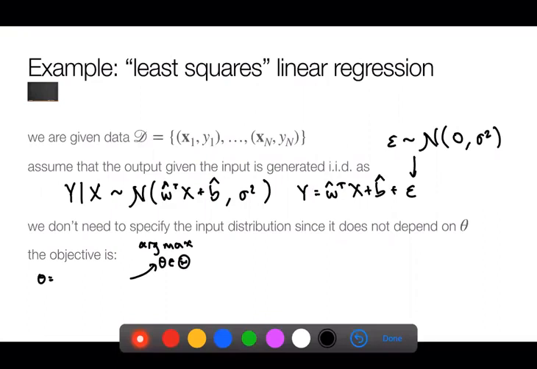I'm trying to estimate this w and this b because that's going to tell me the relationship between x and y. So theta here are my w and b. And then capital Theta represents all possible w and b.